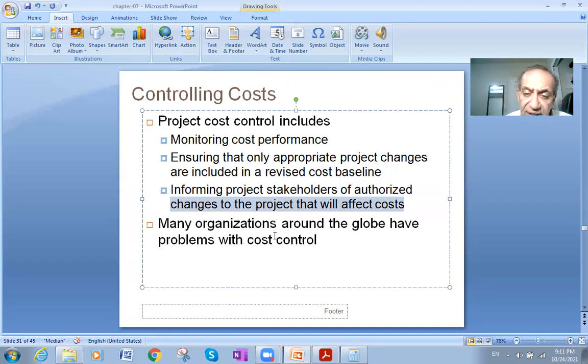Many organizations around the globe have problems with cost control. Of course, you cannot control the cost 100% because the cost might change from time to time, particularly now in a world very volatile and very fluctuated. And in economics, it has its ups and downs, and the curve is going up and going down.